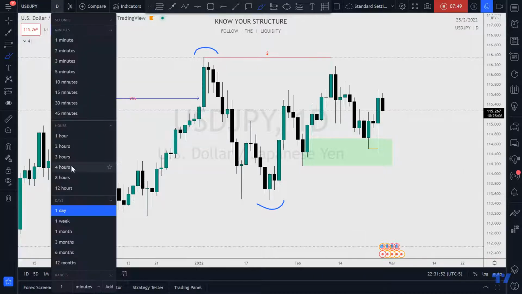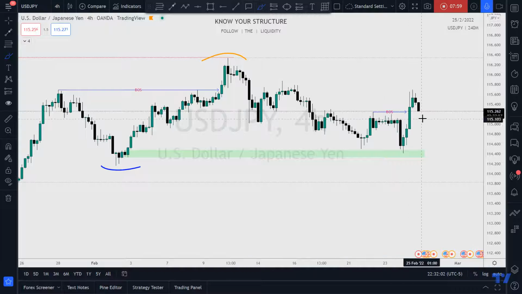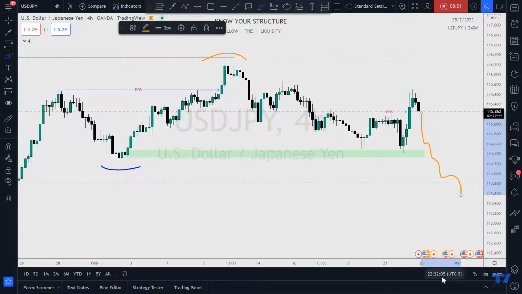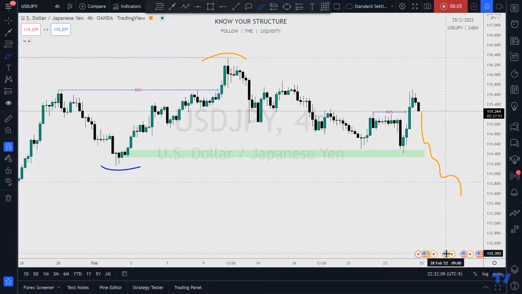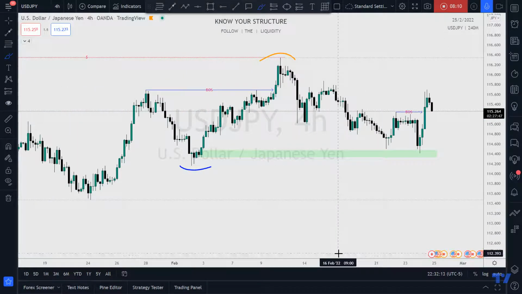Okay, so back to the 4 hour. All right, we do have a break of microstructure to the upside, substructure to the upside. So what am I expecting from here? Do I expect price to continue down, or do I expect price to retrace? After every break of structure, there's always a return to impulse or a return to origin.